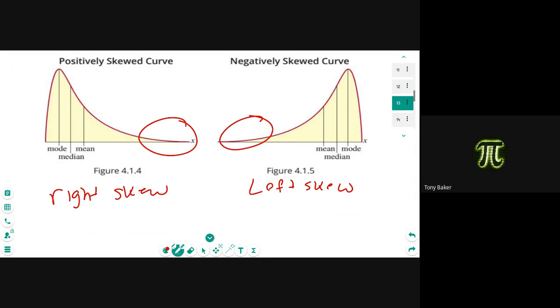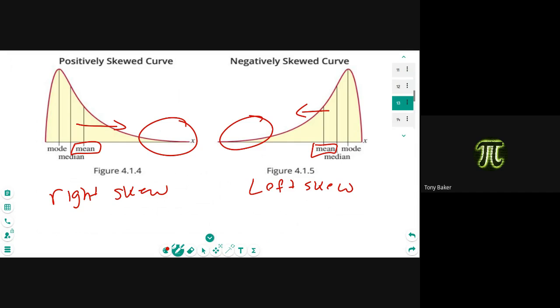The reason why, look at the mean. The mean is being pulled to the right. And this one, the mean is being pulled to the left. That's why it's right skewed and left skewed. Because you're really telling where the mean and median are being pulled away from the middle, from that center line or the peak.